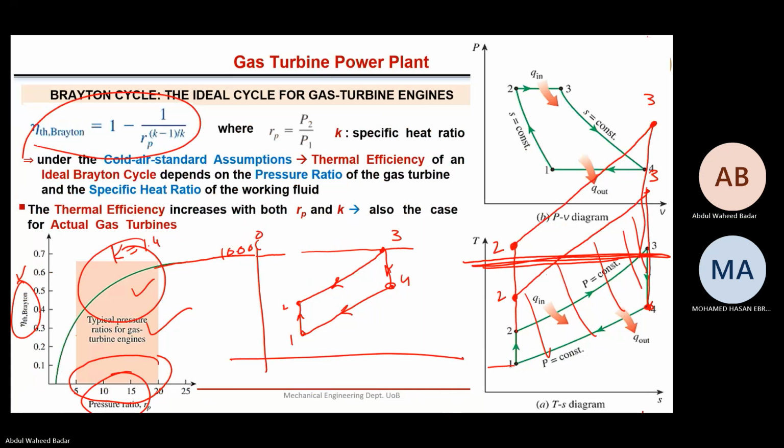Okay. So now if you increase the pressure, here is a limit. I cannot go beyond this point. So I have to come back here. So maybe again the network output is increased. But if the pressure ratio is increased more, then this is the maximum. Then maybe this network area is not that big compared to heat transfer area.